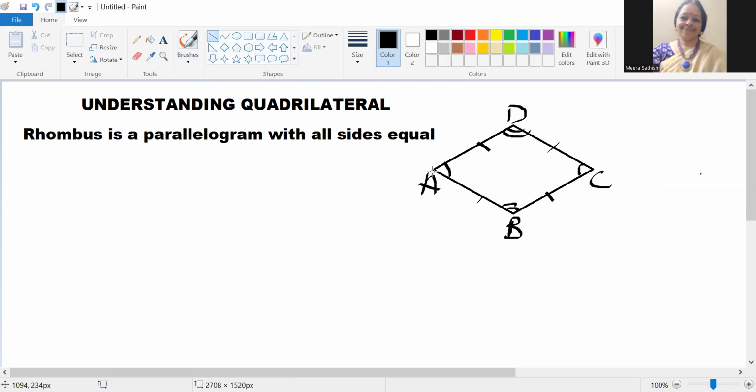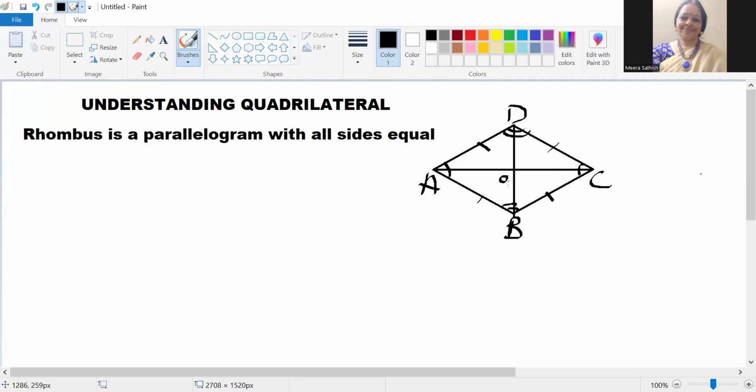Now the difference comes in some properties of the diagonal. You can see here the diagonals bisect, same as parallelogram. That is, O is the midpoint of AC, O is the midpoint of BD, and here also diagonals are not equal.